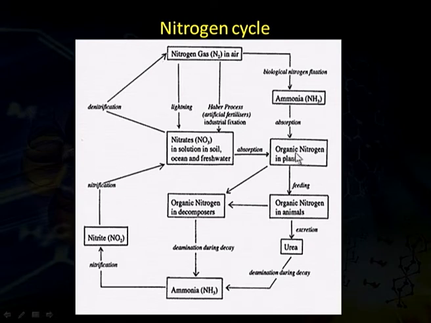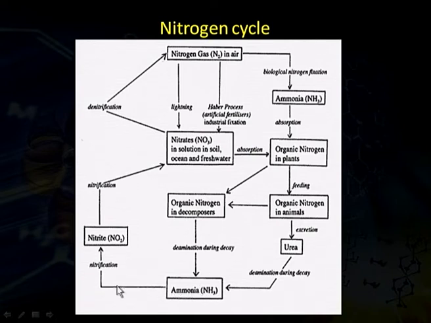On the other hand, the organic nitrogen present in plants and in animals, when these plants and animals die, they decay, and this organic nitrogen goes to the decomposers, which help in the decay of these plants and animals, and it is again converted to ammonia by deamination during their decay.